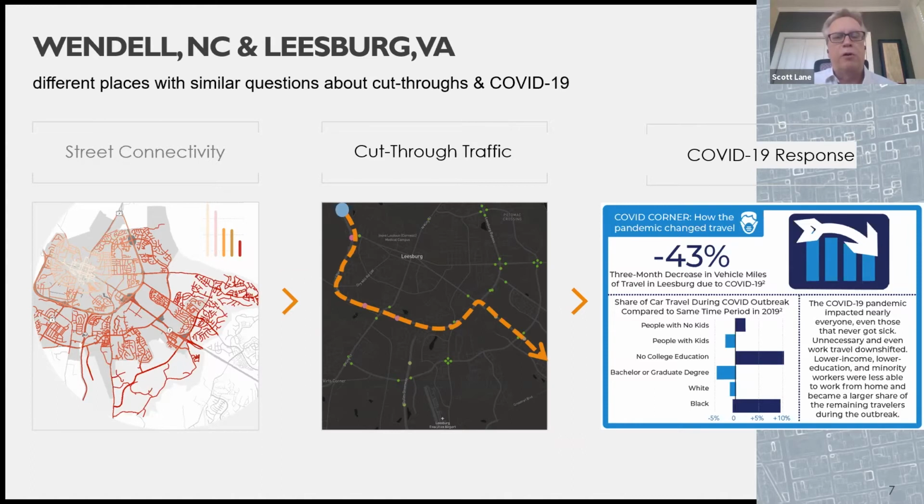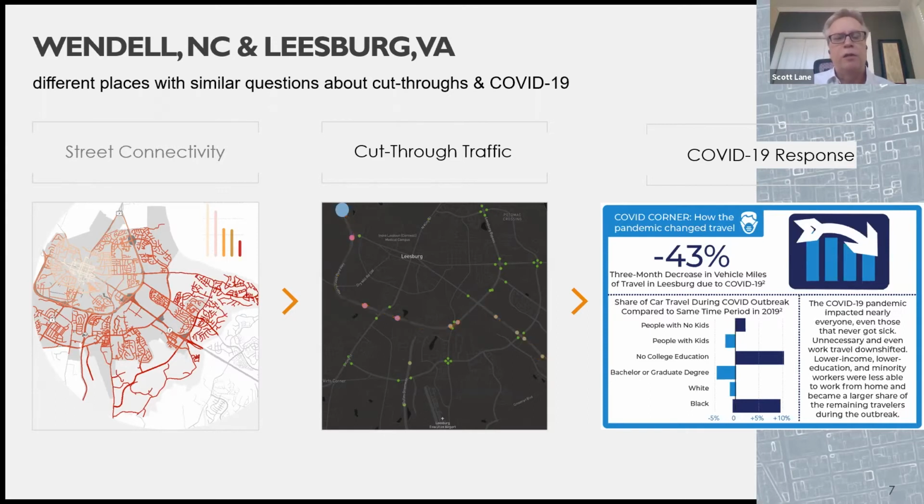Leesburg's in the middle, and there's a bypass route that goes around it from the northwest, where many people are coming and headed to the southeast towards Washington, DC, or someplace in between. They were rightfully concerned that these small roads in the downtown area were seeing a lot of cut through traffic, and they were about ready to start a larger study just focused on that issue.